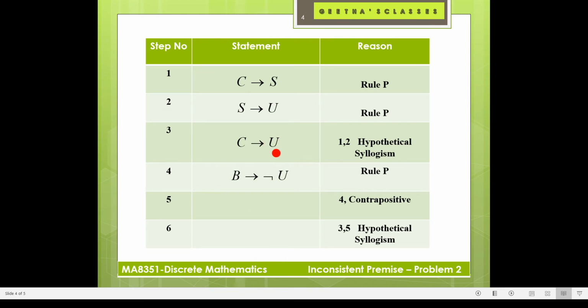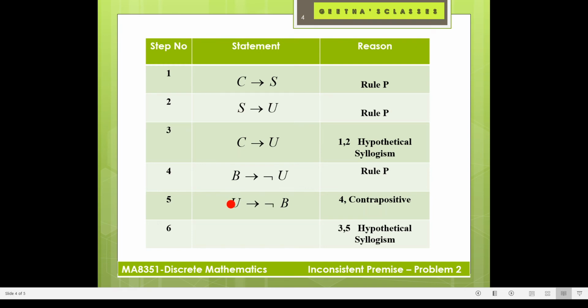Again we are using the given premise B implies not U, that is rule P. Now you write the contrapositive of this statement. The contrapositive is negation of the second term implies negation of the first term. What is the negation of negation U? That is U. So U implies negation of B. We are writing this for the fourth step as contrapositive.